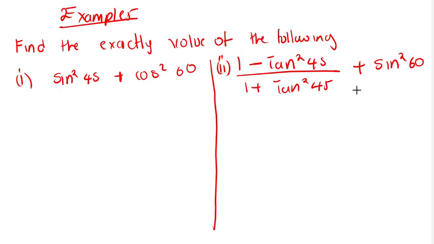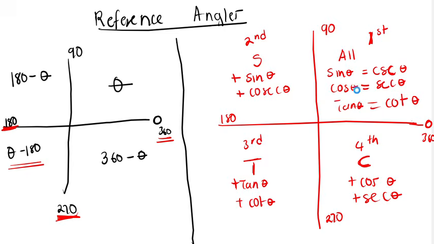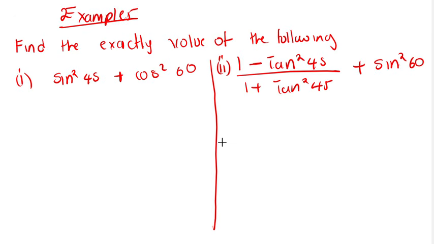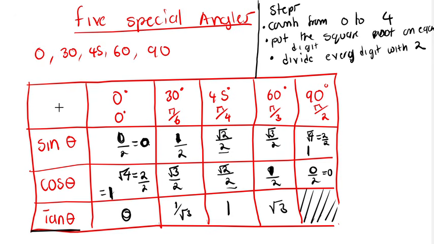We need to go together with this table. This table is very important when it comes to that. Remember that in that question we have sine 45. Now the question is, what is sine 45? This is sine, right?